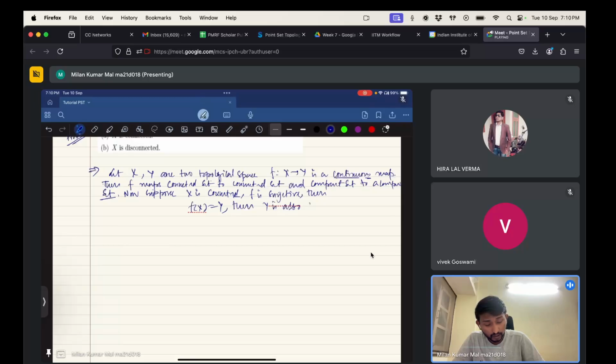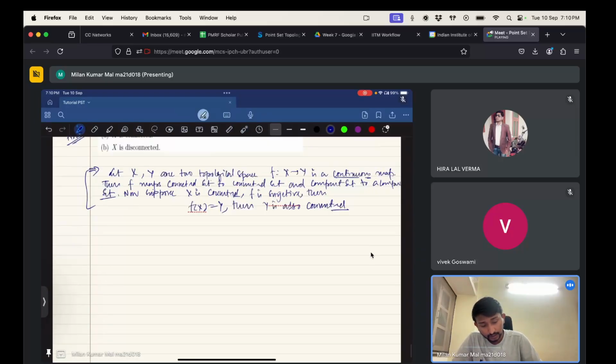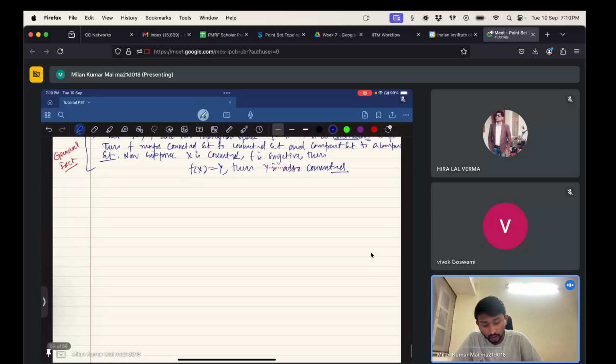Similarly, if f is surjective and X is compact, then Y will also be compact. This is the general fact. Now let's come to problem number 12.